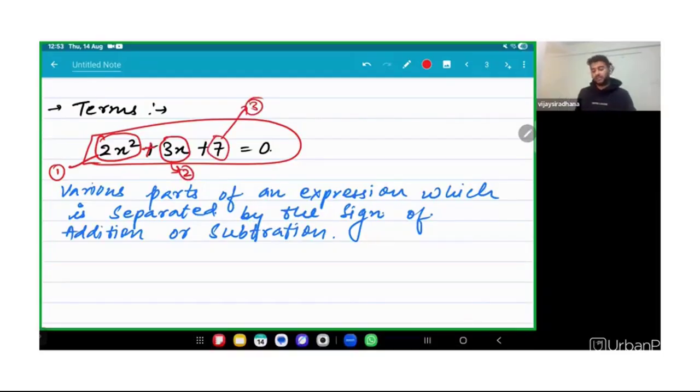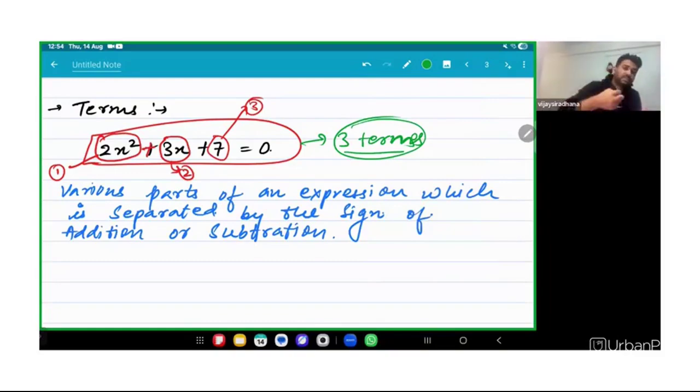So, that means that with the help of the operation, you are separating the terms, right? So, in this equation, you will see that there are total 3 terms.